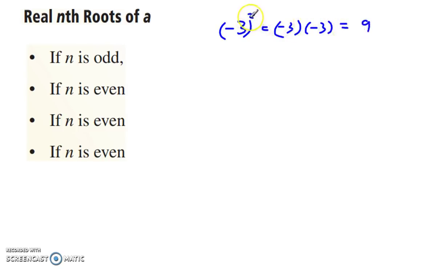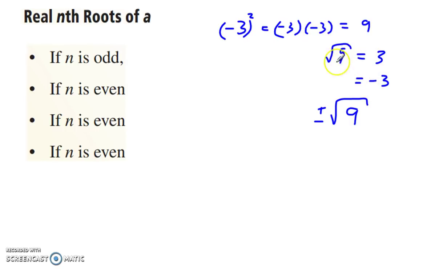Anything that I square, whether it's positive or negative, is going to end up positive. So if I find the square root of +9, that could be 3, but it could also be -3. So that's why we sometimes write it as plus or minus the square root of 9, because I don't know. The square root of 9, did I initially have a 3 or did I initially have a -3?